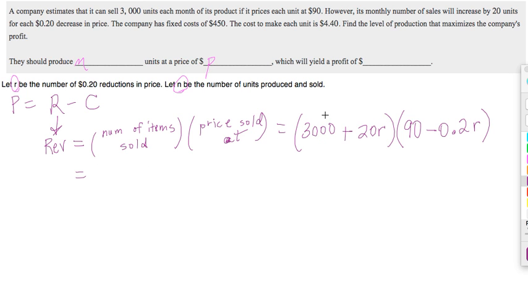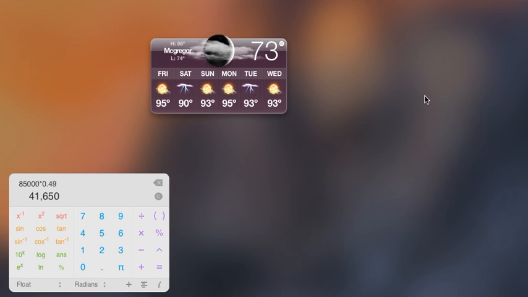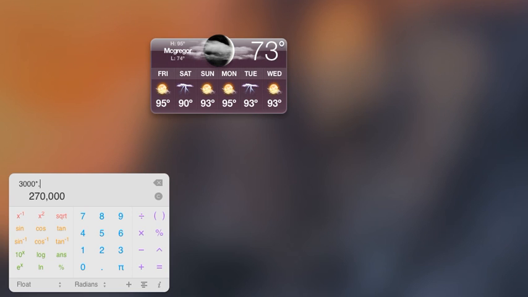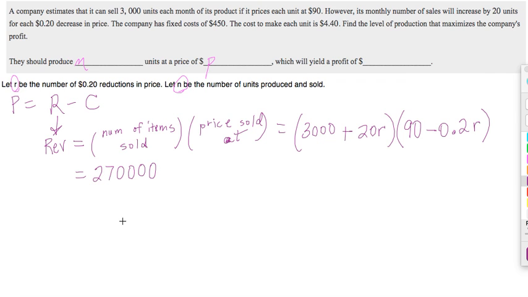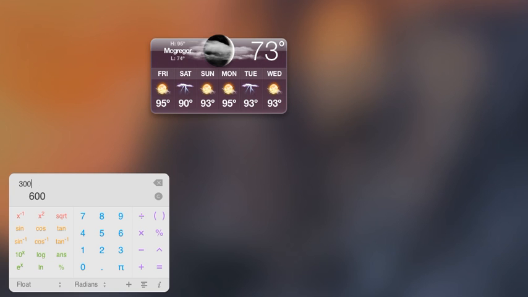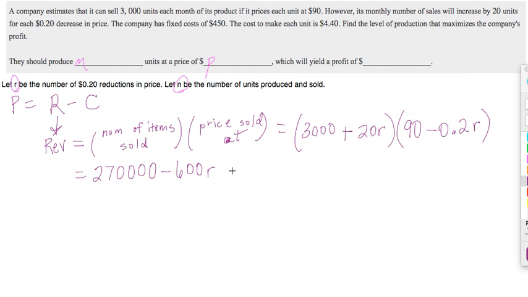So expanding that out, 3,000 times 90 is 270,000. Then 3,000 times negative 0.2 is negative 600R. That's the outside term. And the inside term, 20 times 90 is 1,800R.